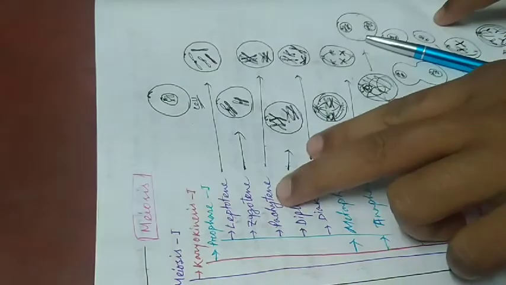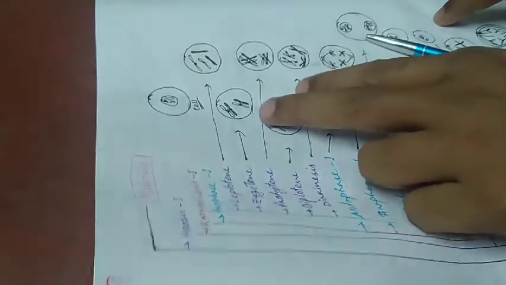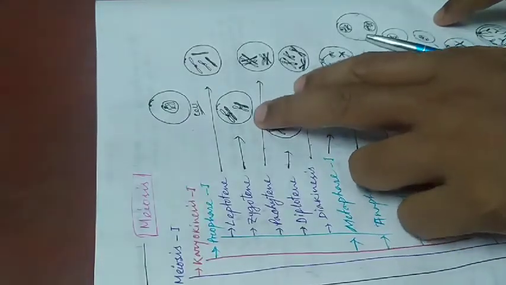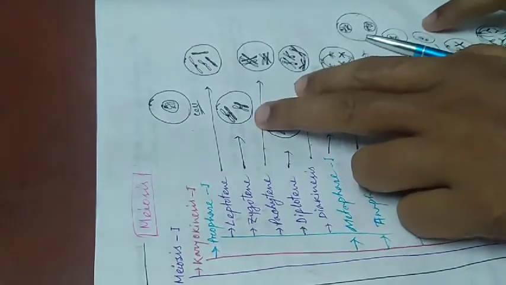Then the pachytene. In pachytene, each chromosome of the homologous pair divides longitudinally without its centromere region.